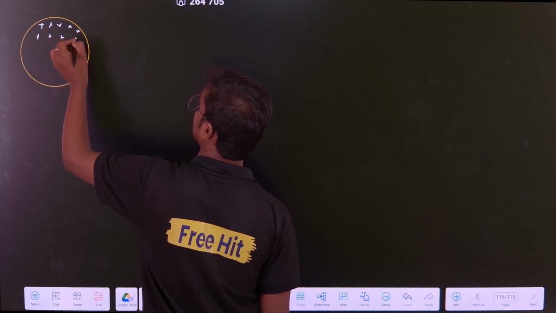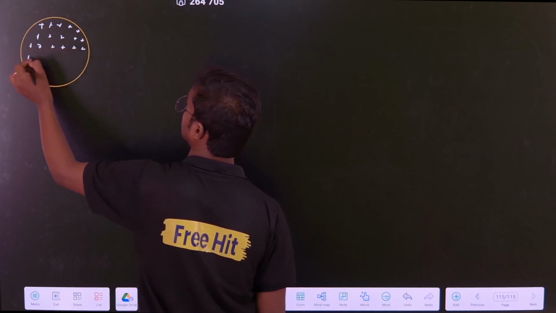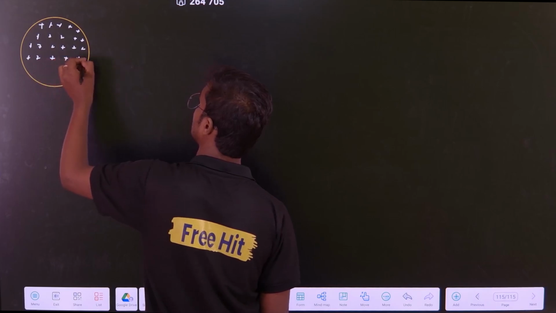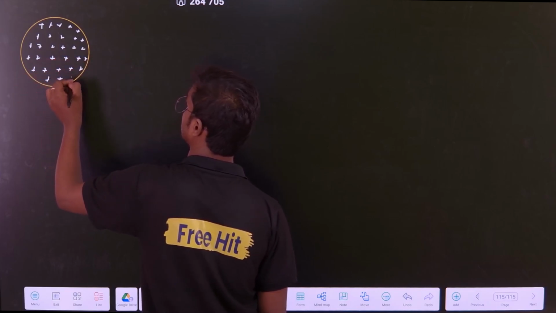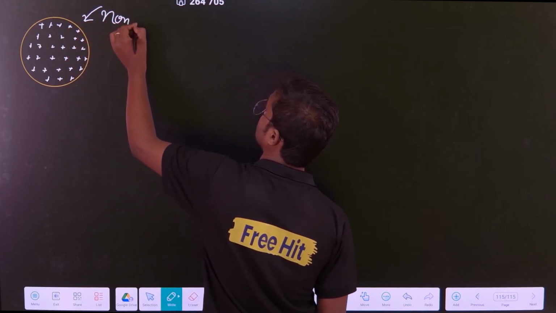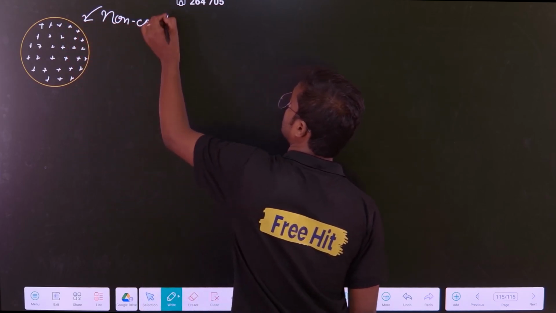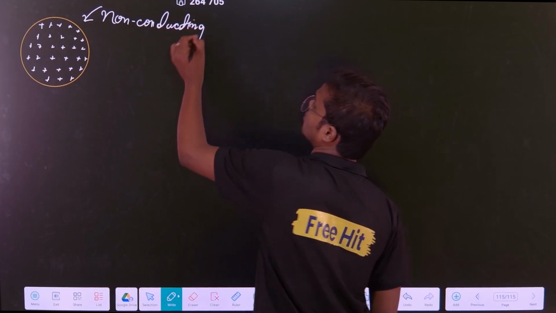Okay, it is solid and also non-conducting. That is the only last case that is left. So we will see this case also. So it is a non-conducting solid sphere.